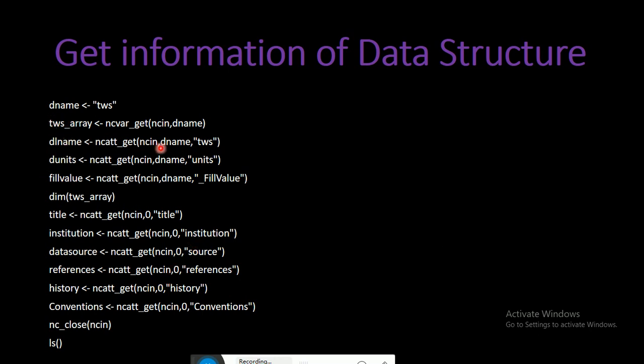This is the command for the array in which our file is arranged, and finally take the dimension of the array and give the institution, data source, reference, history and conventions. This is the information of the .nc file: where this file was taken from, what the website of this file is, etc. Okay, we will see this in the practical part. Finally, close and give the list of this.